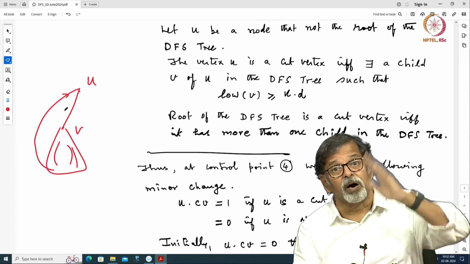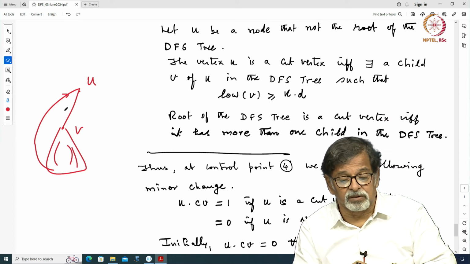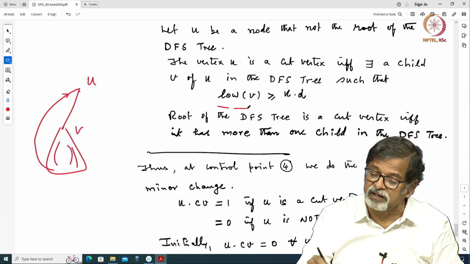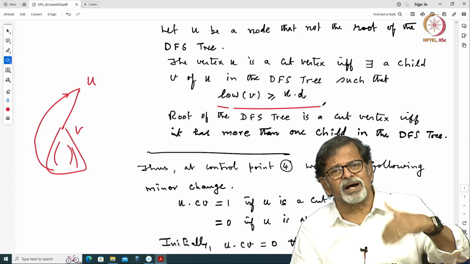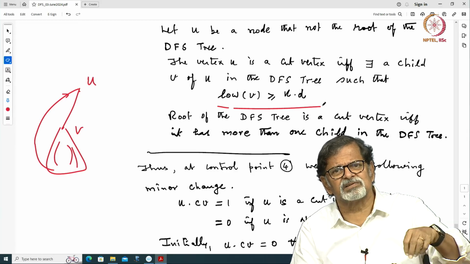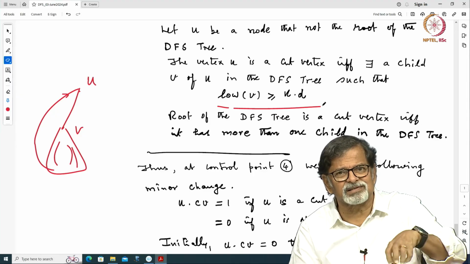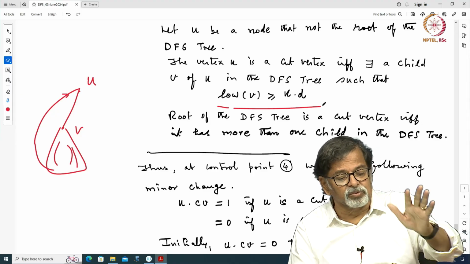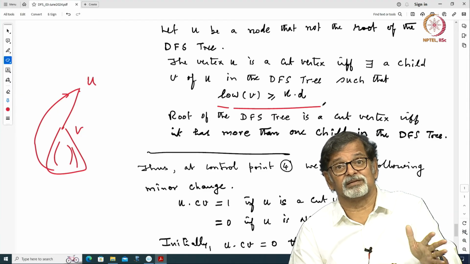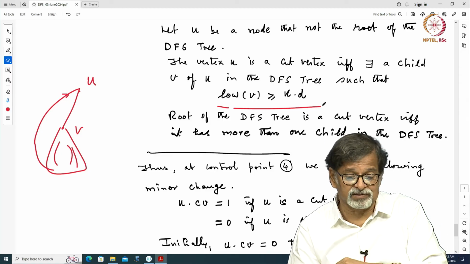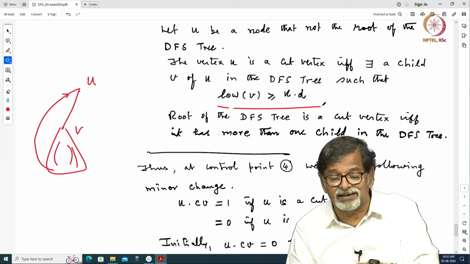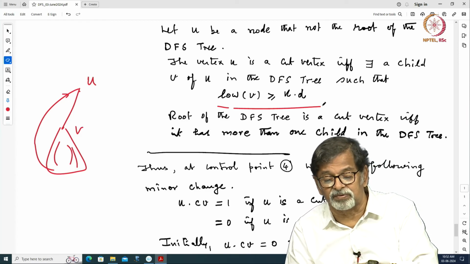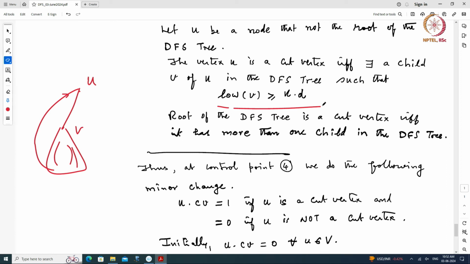It is not going above u, because v.low is greater than or equal to u.d. All back edges and tree edges are clustered here. So when you remove u, v will be orphaned. In other words, u is a cut vertex. So u is a cut vertex if and only if there is a child v of u such that v.low is greater than or equal to u.d.